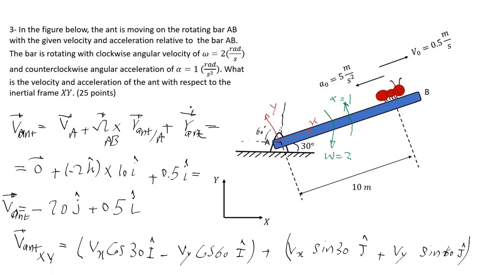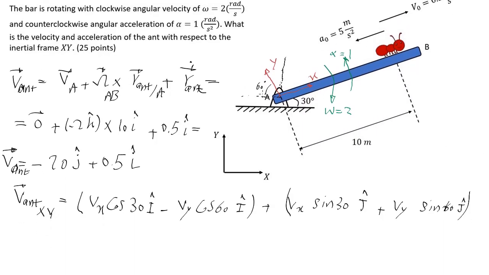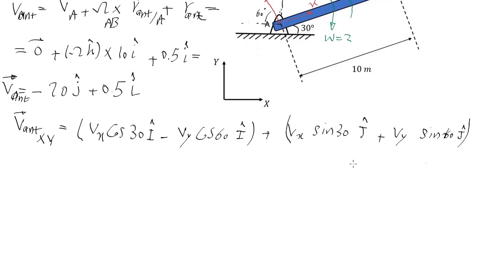The other thing is that for this question we just calculated the velocity of the ant, and I forgot to calculate the acceleration of the ant. So let's calculate the acceleration of the ant here. I think I tried to write down this velocity in the inertial frame, and that's why I got distracted and didn't calculate the acceleration.